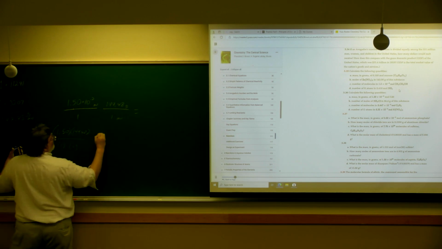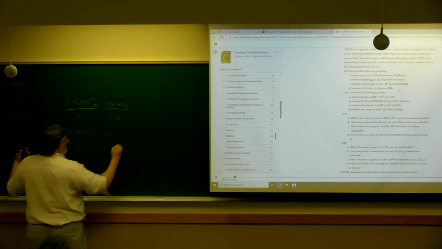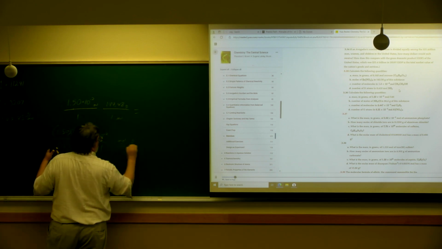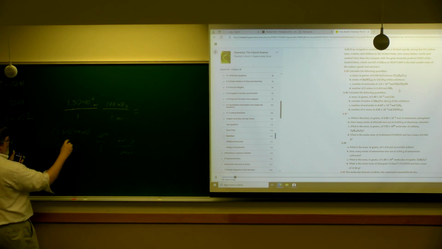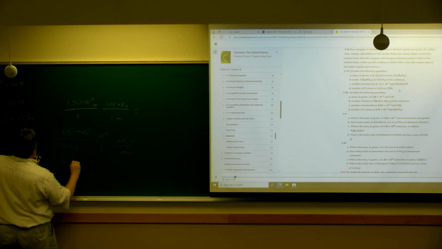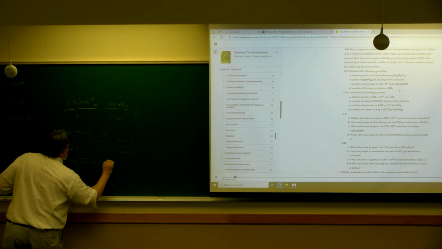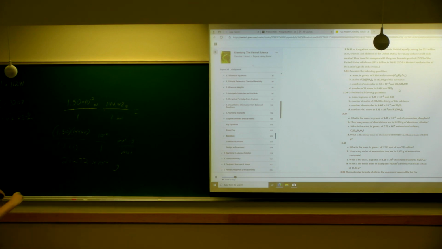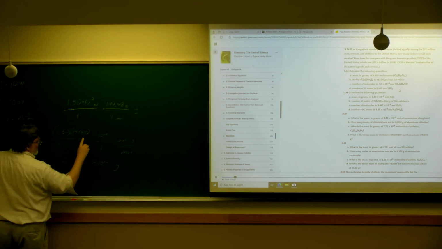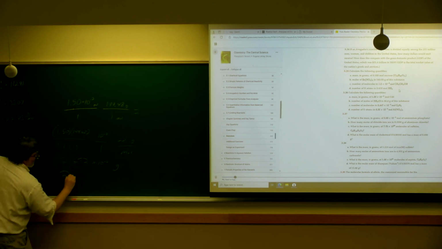I'm going to put my power of 10 next, 10 to the negative 2. And of course my units are mole, gram, mole. All right. If I do that, my calculator gives me 216.72 times 10 to the negative 2 grams. 3 significant figures, so this needs to be 3. The 7 rounds the 6, so 217.